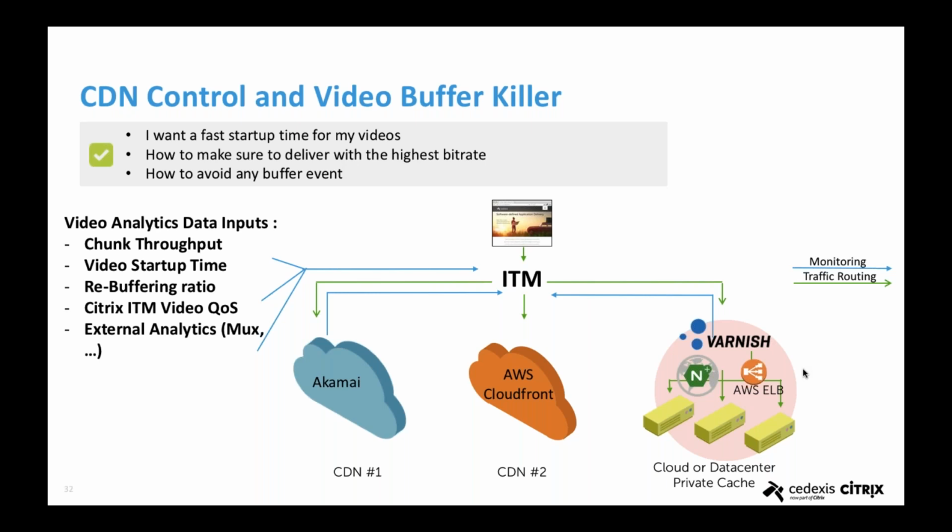Depending on this type of data, this can also be part of the ITM solution and will obviously bring much more value for a video delivery use case, to reduce rebuffering and provide better video quality.